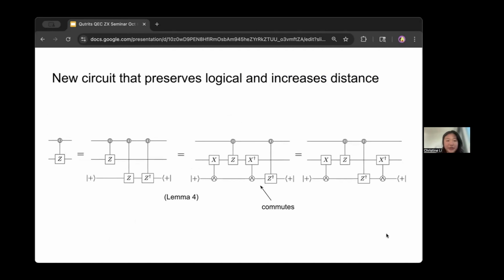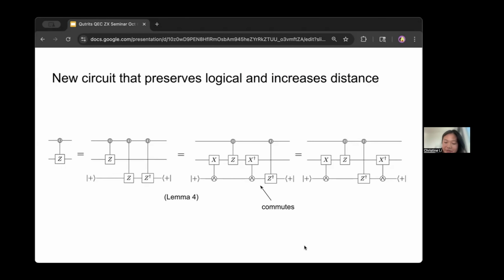So we have this new circuit that preserves the logical but also increases the code distance, because we want the CX conjugated circuit. We first wanted this double zero-controlled Z, one on the original one and then one on an ancilla. But to preserve it, we apply the zero-controlled Z dagger.